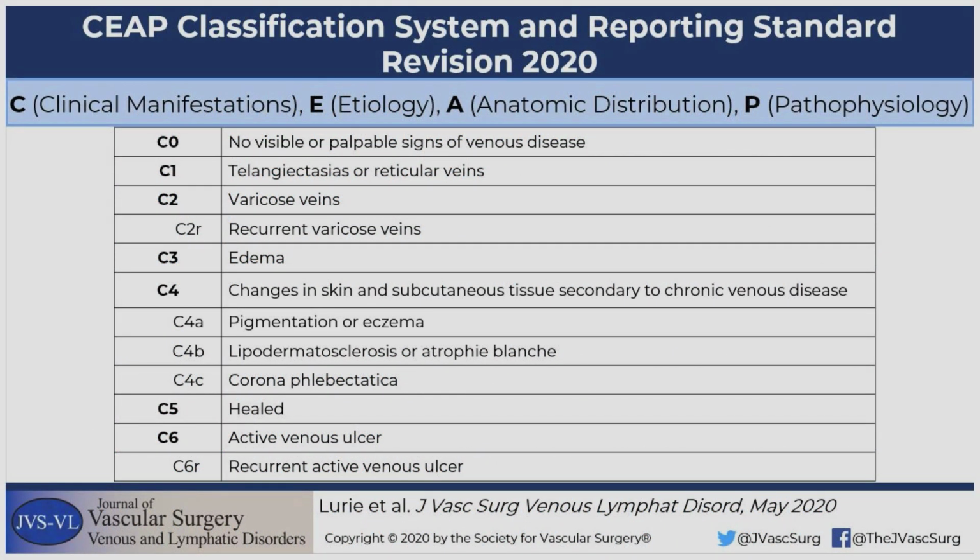The task force adopted the revised Delphi process and made several changes, including adding corona phlebectatica as the C4c clinical subclass and introducing the modifier R for recurrent varicose veins and for recurrent venous ulcers. This update describes all revisions and the rationale for making these much needed changes.